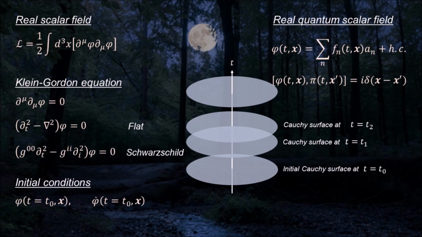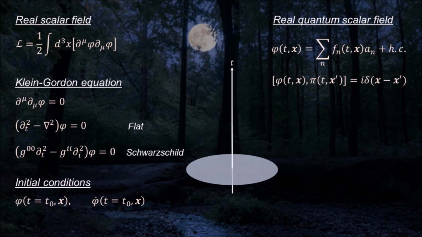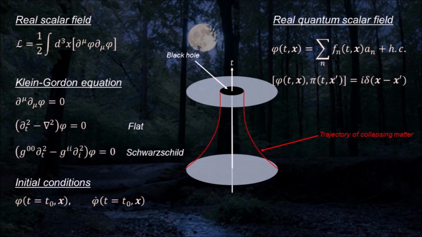To use a collapsing geometry as an example, the Cauchy surface in the distant past would look like this. However, in the distant future, once the black hole has formed, it will look like this. Now there is a hole in the surface. More precisely, the surface has split into the space outside the horizon and the horizon itself.